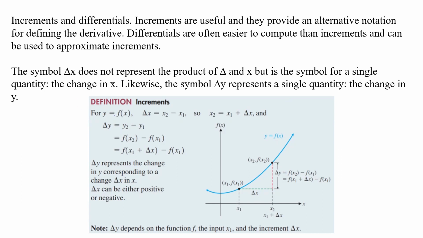If we have y equals f of x, then delta x, which is the change in x, is just x2 minus x1. And so x2 is equal to x1 plus delta x. Delta y is the change in y, so that's y2 minus y1. y2 is f of x2, and y1 is f of x1.